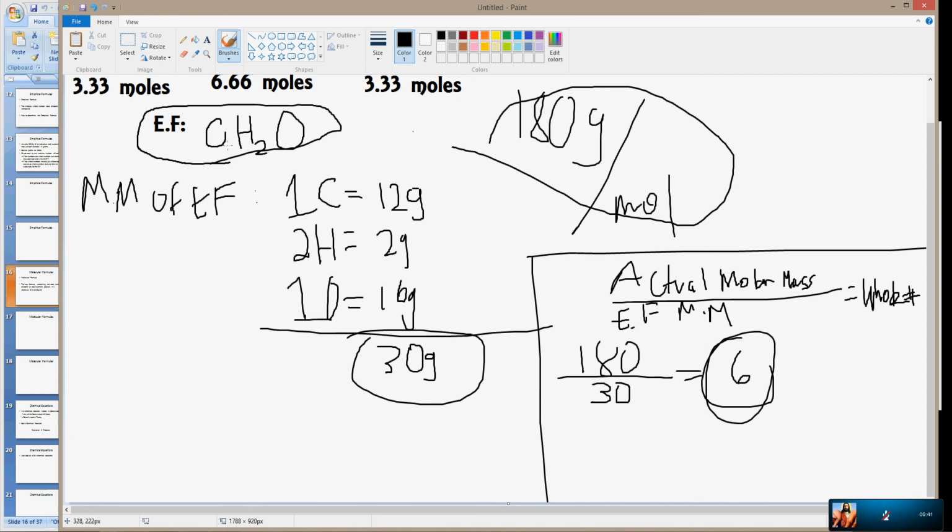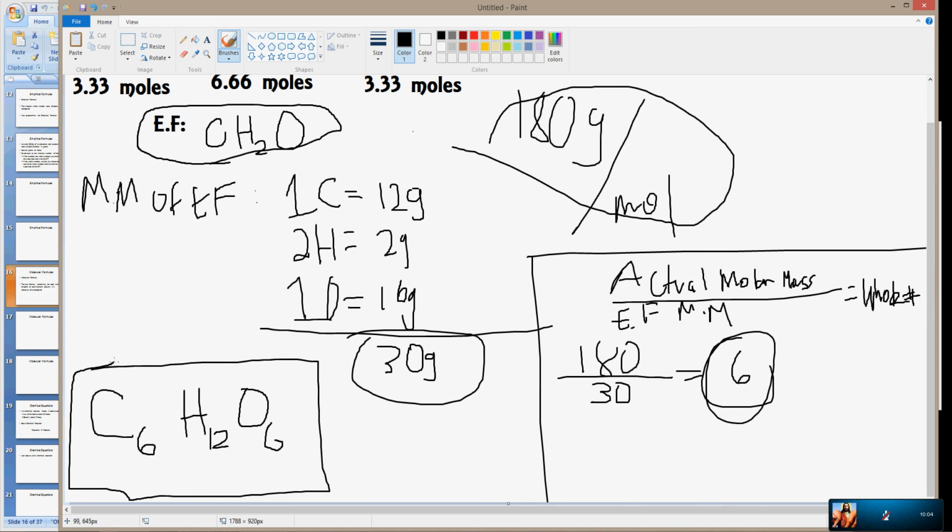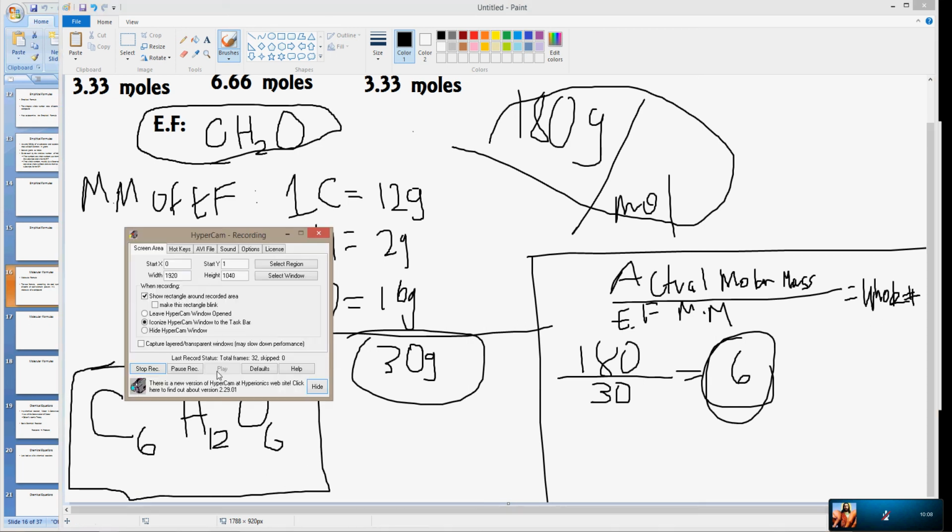The subscript of carbon is 1, so 1 times 6 is 6. So it's C6. Then 6 times 2 is 12, so hydrogen will have a subscript of 12. And for O, it's 1, so 1 times 6 is 6 again. That's it. This is your answer for the molecular formula.